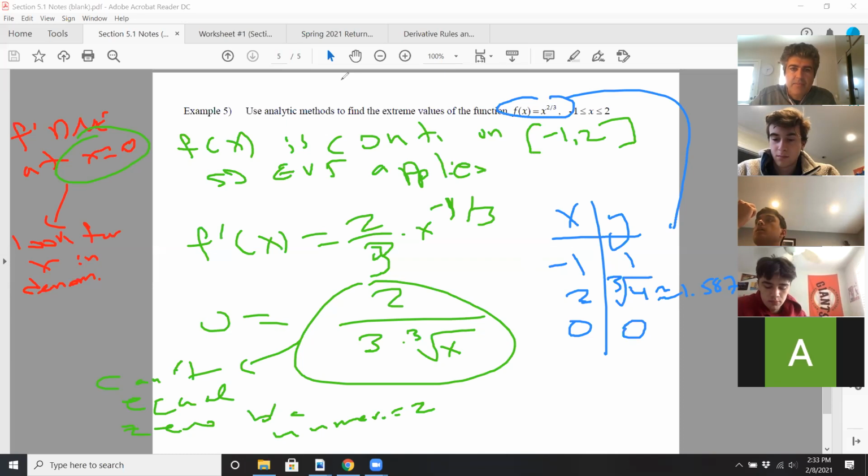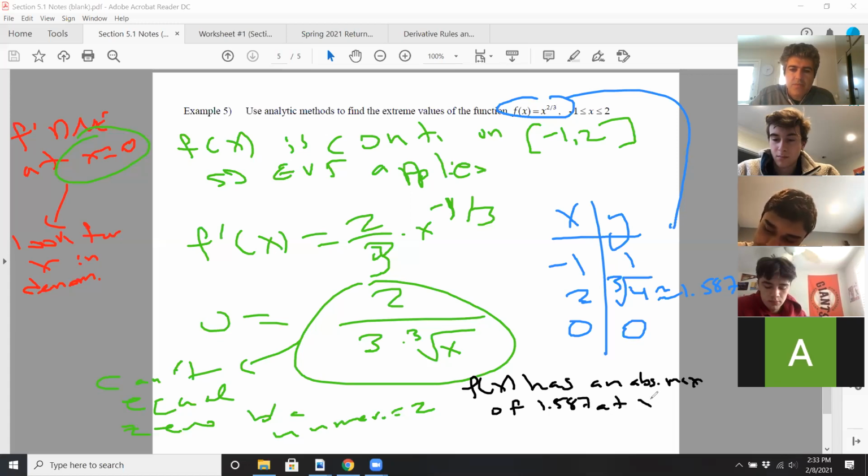You would just say, f of x has an absolute max of 1.587 at x equals 2.